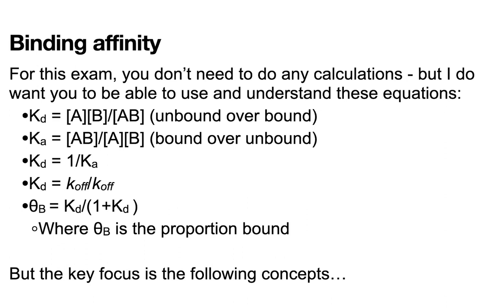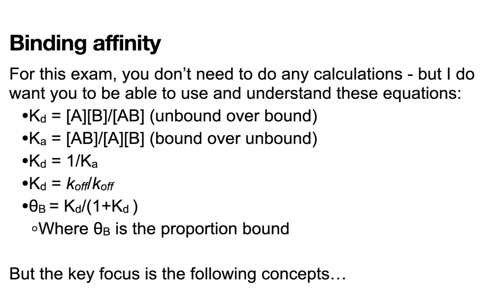So basically, the KD is the main way we talk about and compare binding affinities, and it's the equilibrium dissociation constant. If you have two binding partners, A and B, the concentration of one partner at which you find half of the other partner in the bound state is going to be your KD.